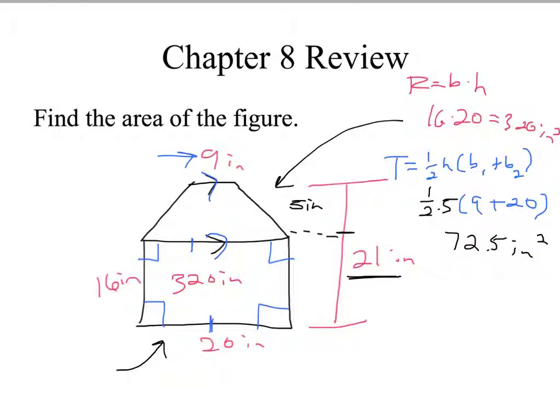So I found the area of the rectangle and the area of the trapezoid. What do I do now? Add them together because the entire thing is those two added together. You take 320 plus 72.5 and we get 392.5 inches squared. All right? Awesome.